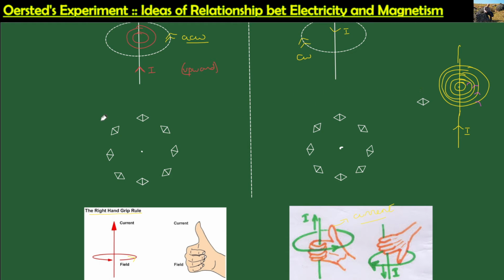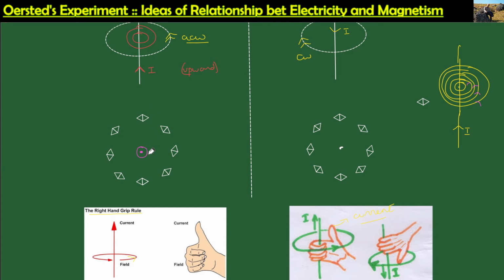So if I have this wire, and if this current is moving in the upward direction, that current is always represented by a dot. So let us represent it by a dot. You can imagine that the wire is perpendicular and coming outwards, out of the screen.